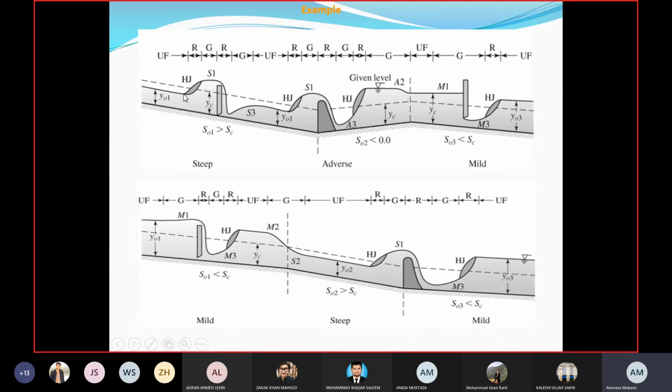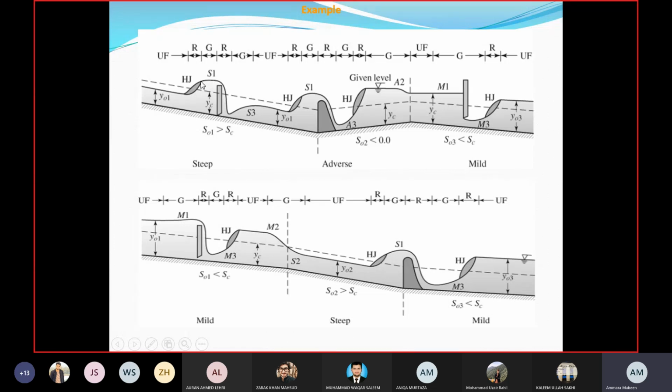So if the control section is downstream like this, it means that upstream of the control section, the flow depth would be greater than the critical depth value. Okay, so control section is here, so the upstream profile would have a greater depth than critical depth.